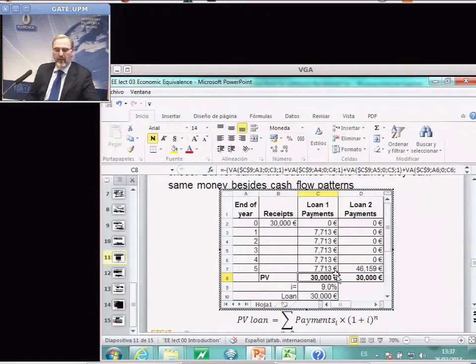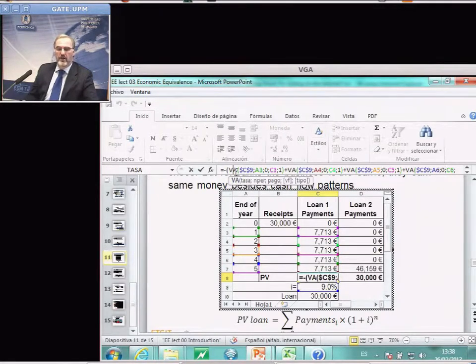Okay, so at the end, the formula I am using is actual value. So you see here the minus convention we used before, and we are using a new formula which is the present value. We have seen the future value, and we are now seeing the present value, in Spanish VA.